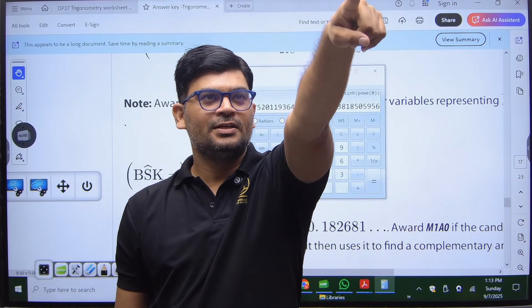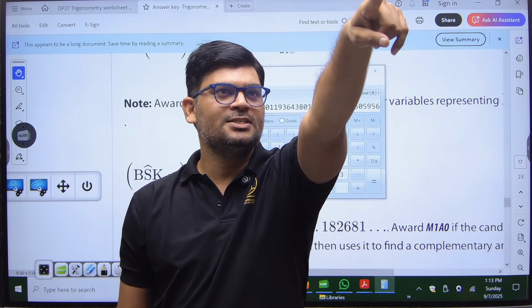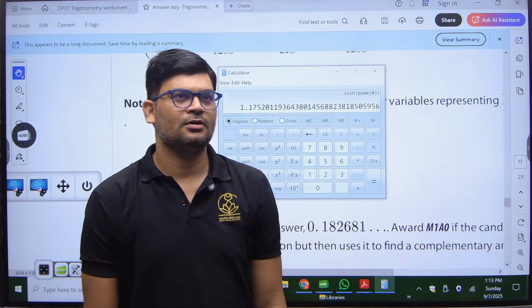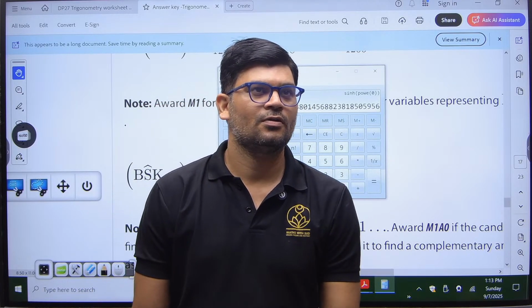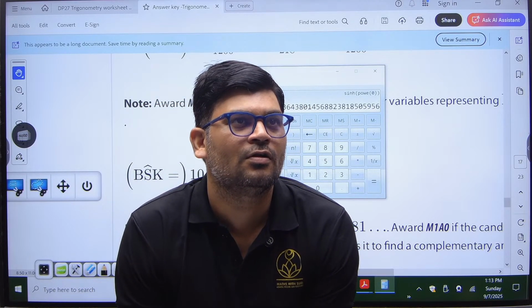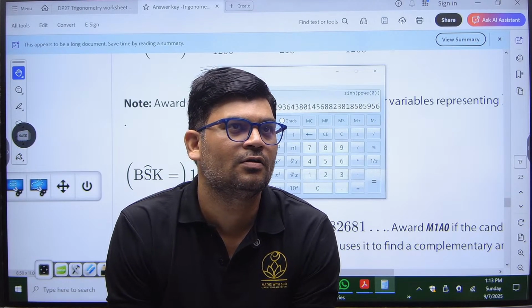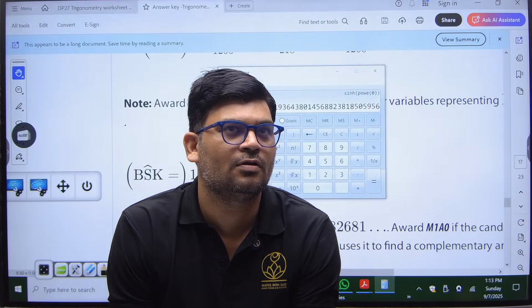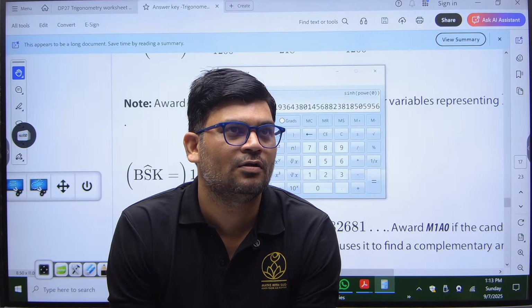Sine inverse is there just below the degree. Change it to degree. You have made it radians, beta. You have to change it to degree. Yes. What am I doing? Sine inverse. You didn't put inverse. I clicked inverse. See?